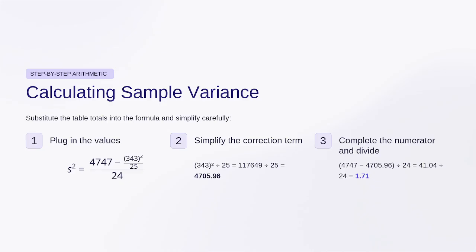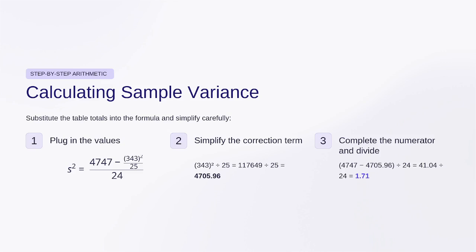We get 4705.96. Next, subtract: 4747 minus 4705.96 equals 41.04. Now divide this by 24. Remember, 25 minus 1 equals 24. The answer is 1.71. This is the sample variance.